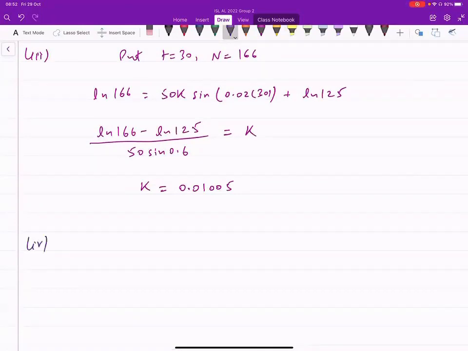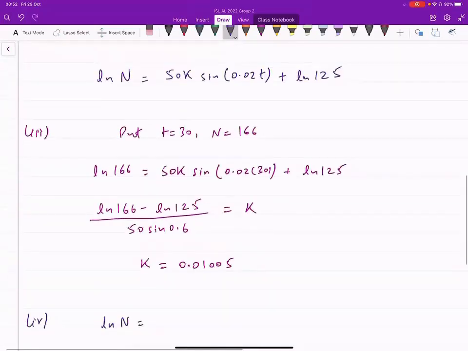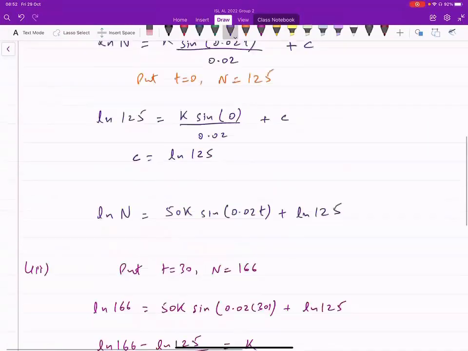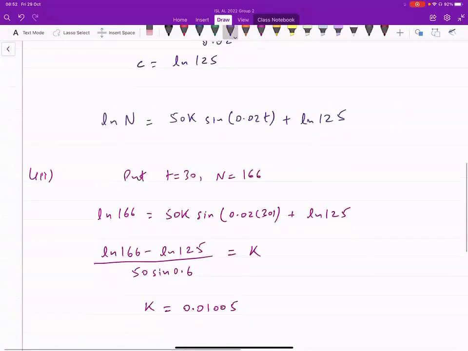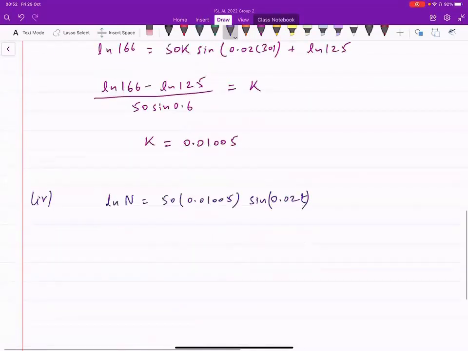Okay, part 4. What was the differential equation? It was ln of n equals 50k, so that's 50 into 0.01005 sine of 0.02t plus ln 125.